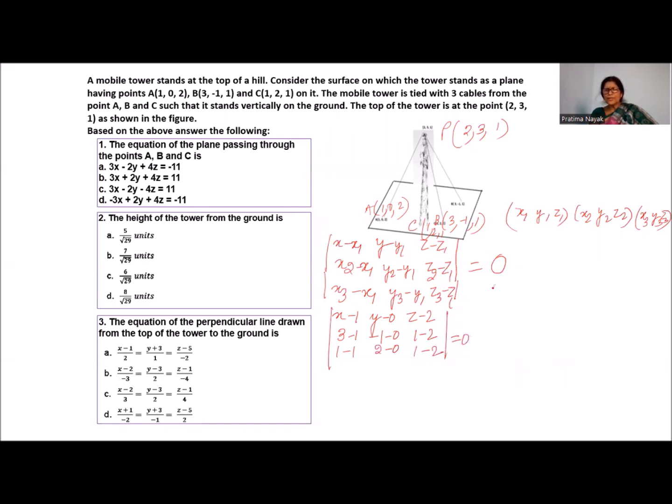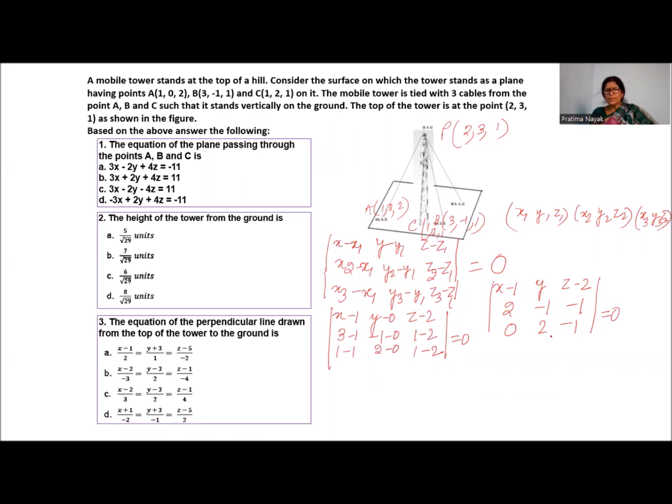If I simplify, it will be x minus 1, y, z minus 2; 2, minus 1, minus 1; 0, 2, minus 1, equal to 0.